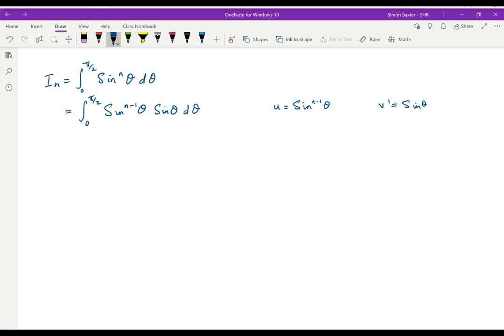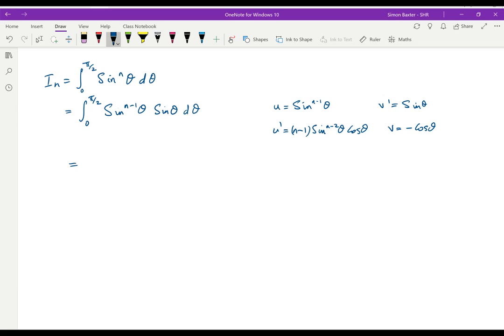Well, did you manage it this time? Let's carry on. If that's u, then u dashed is going to be n minus 1 sine to the n minus 2 theta times cos theta. And if v dashed is sine theta, then v is going to be minus cos theta.